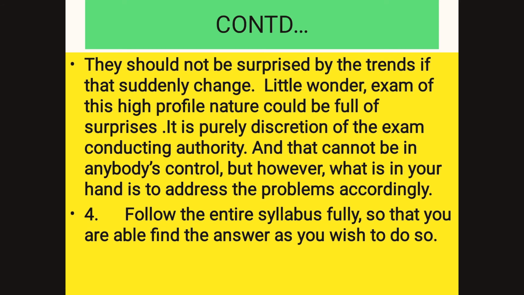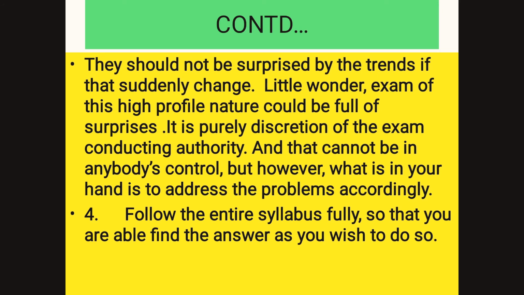Suppose anybody has thorough knowledge or has studied properly. Let's take one example. There are many papers, unlimited papers, but some of them are major papers like history, polity, geography, economics. These are the areas on the basis of which anybody can break the barrier.